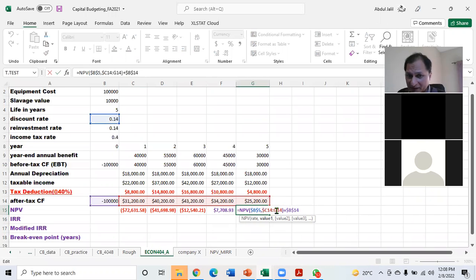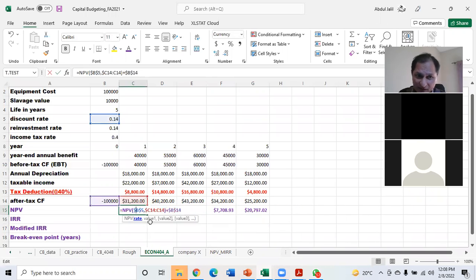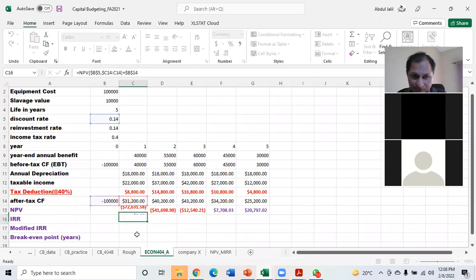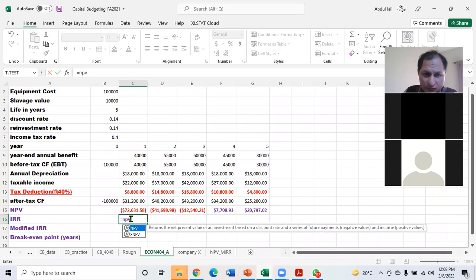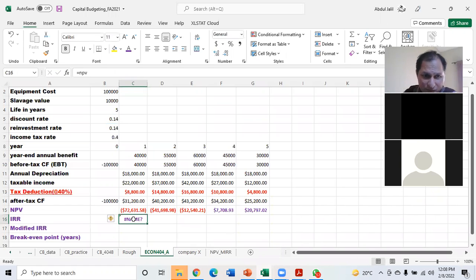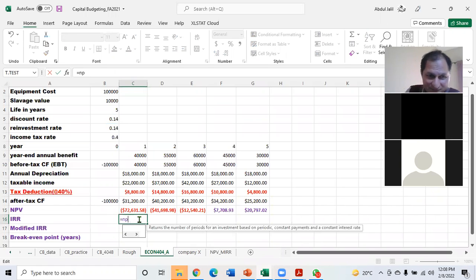How you are incorporating this formula is important. Once you write this value, if I may show it again for your convenience, equal sign, then you write NPV, then you enter this NPV. Sorry, I should not enter it, I should click it, right?